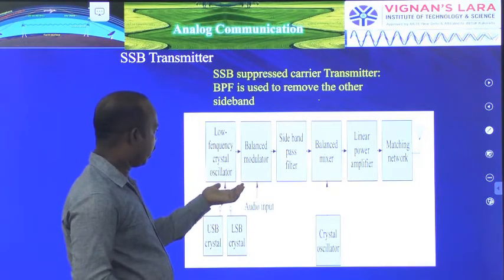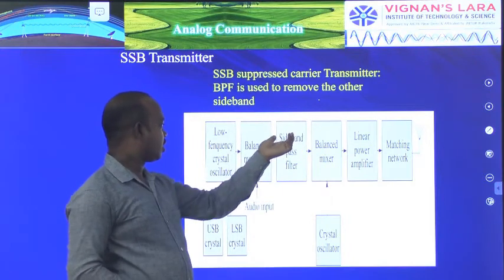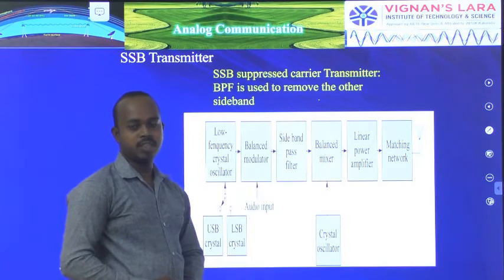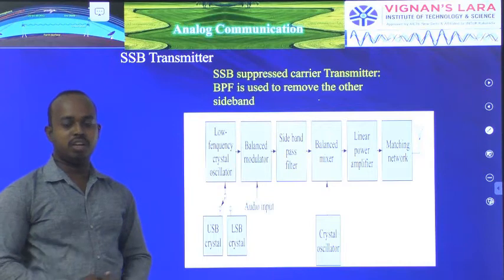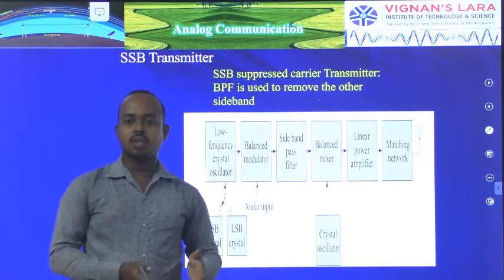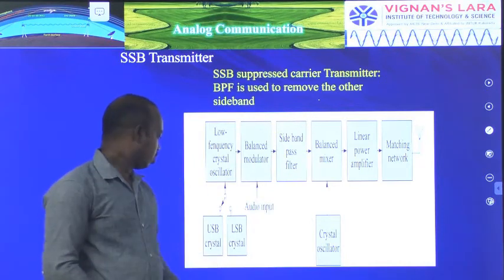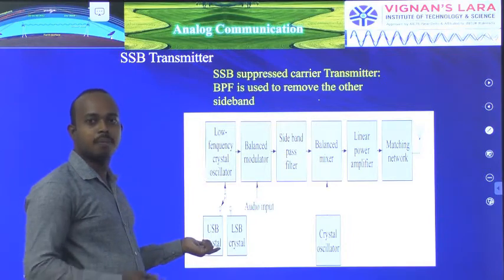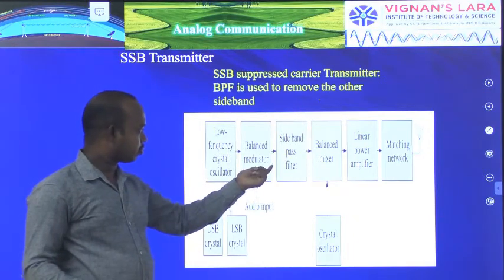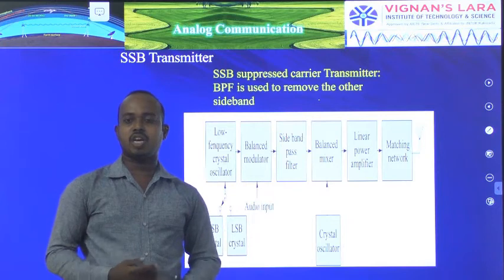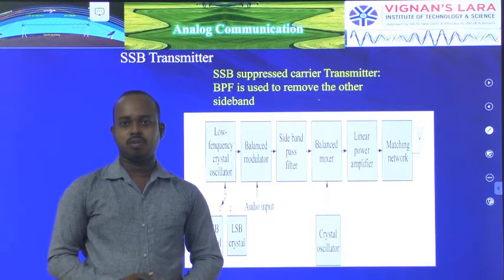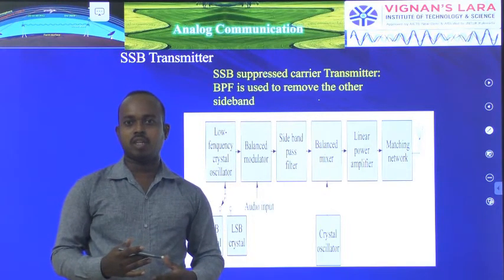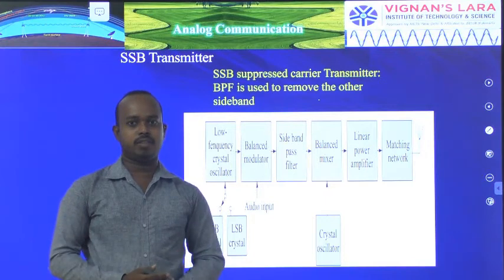The AM modulated signal is assigned to the side band pass filter. The side band pass filter only allows the band we decide here. Here I am deciding USB, the upper side band. Only the upper side band is allowed, and it blocks the components below that value.